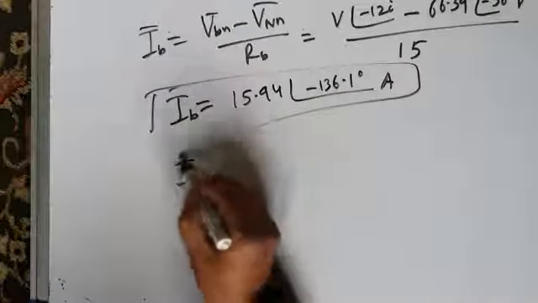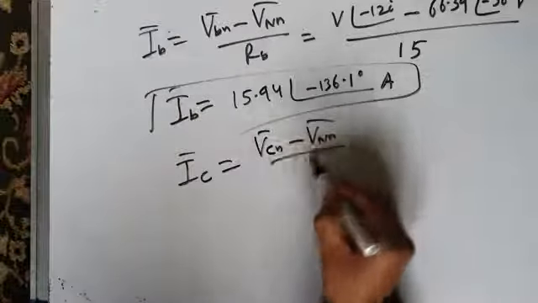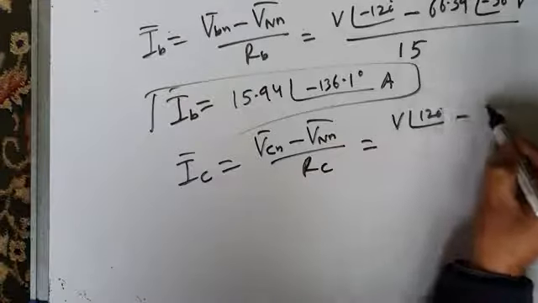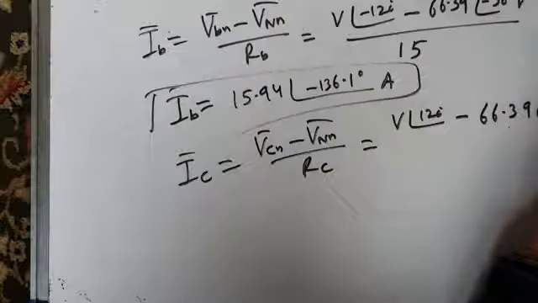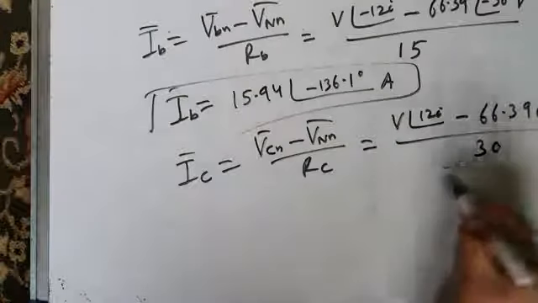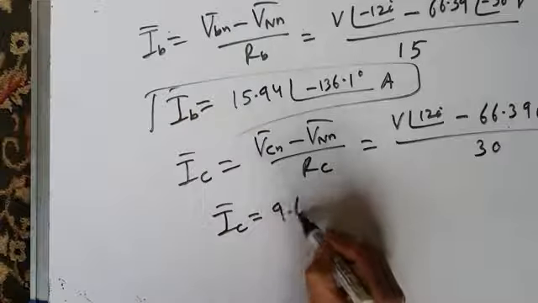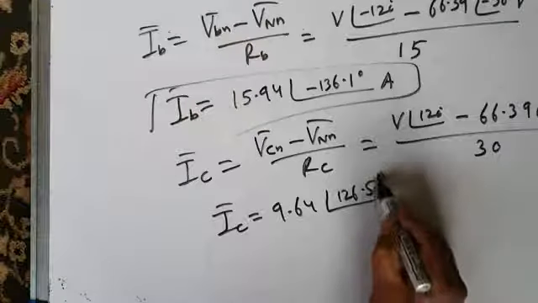IC is equal to VCN minus VNN by RC. VCN is V at an angle of plus 120 degrees minus VNN, which is 66.39 at an angle of minus 30 degrees, V by 30. So that will give you line current IC, that is 9.64 at an angle of 126.58 degrees.